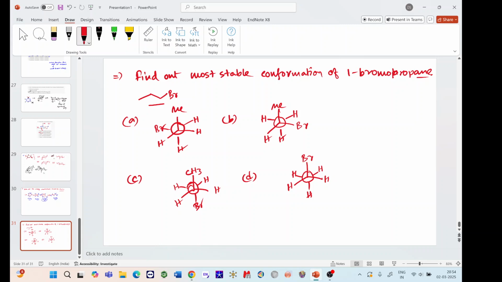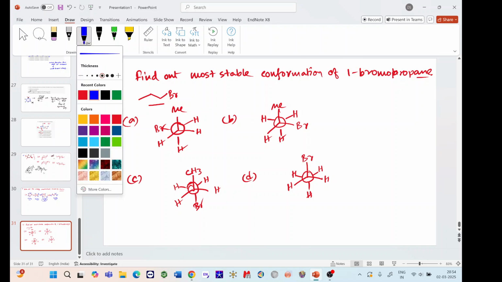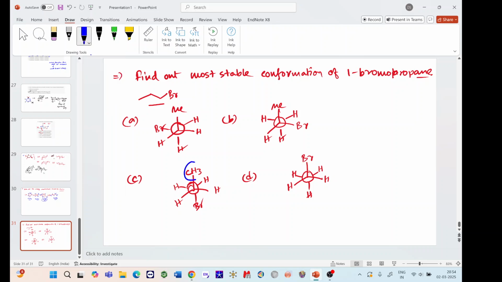Option C. Yeah, this is the right option because you have two big groups, methyl and bromo, that are exactly opposite. So this is called full staggered. This will have the least energy, and that is why it will be much more stable.